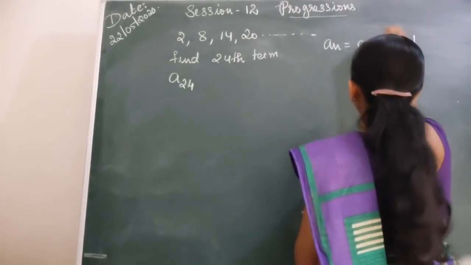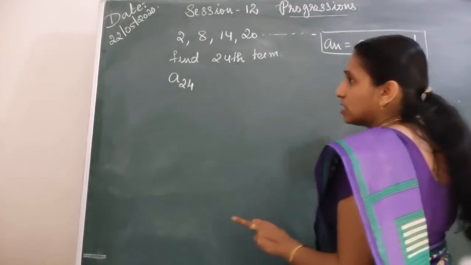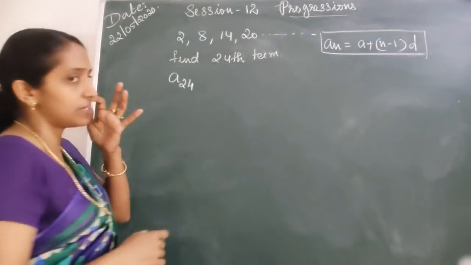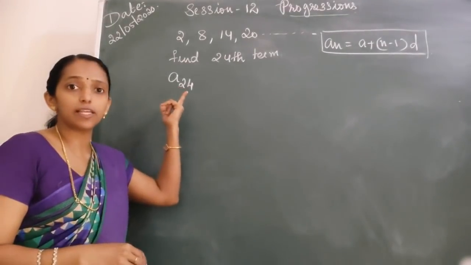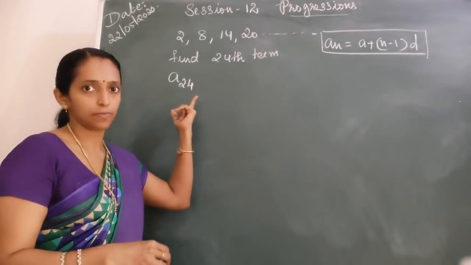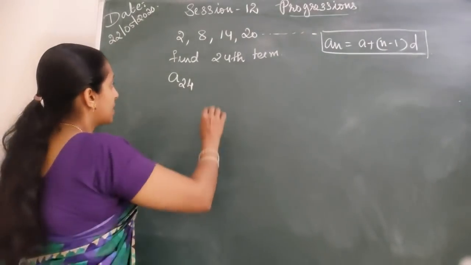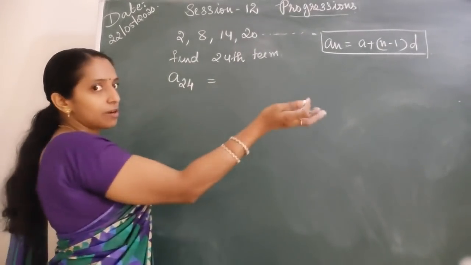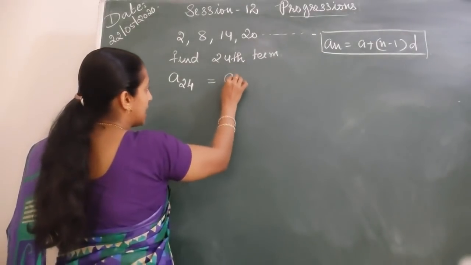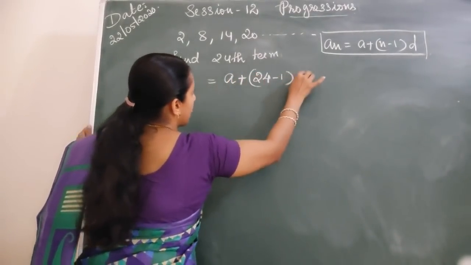This is our formula, from the beginning, if you have to calculate the nth term. Here we have to calculate the 24th term. If you are having confusion, you can write it out; after solving a few questions, it will be clear. a plus 24 minus 1 into d.